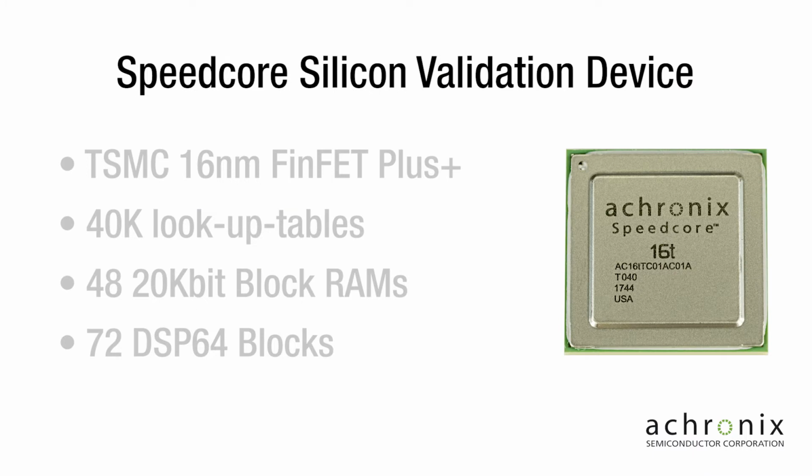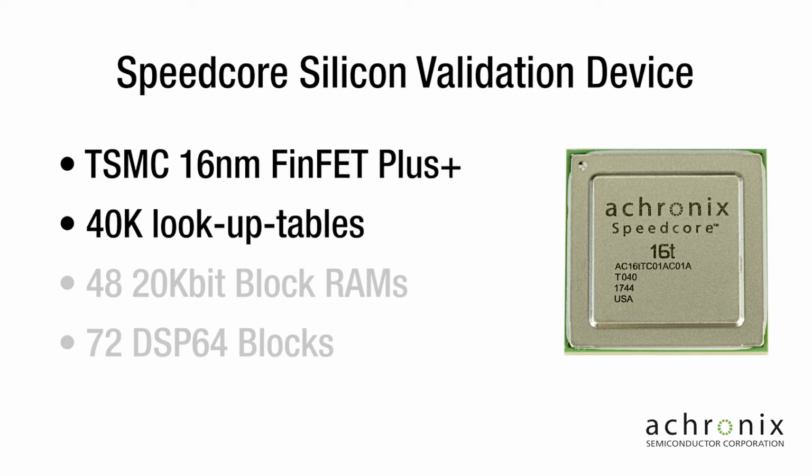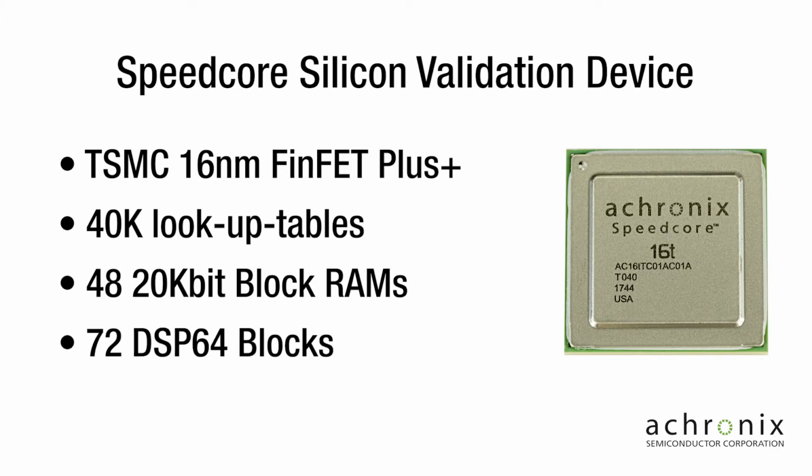The silicon validation device is fabricated on TSMC's 16nm FinFET Plus GL process and has a high-performance Speedcore eFPGA core with 40,000 lookup tables, 48 20K-bit block RAMs, and 72 DSP64 blocks.